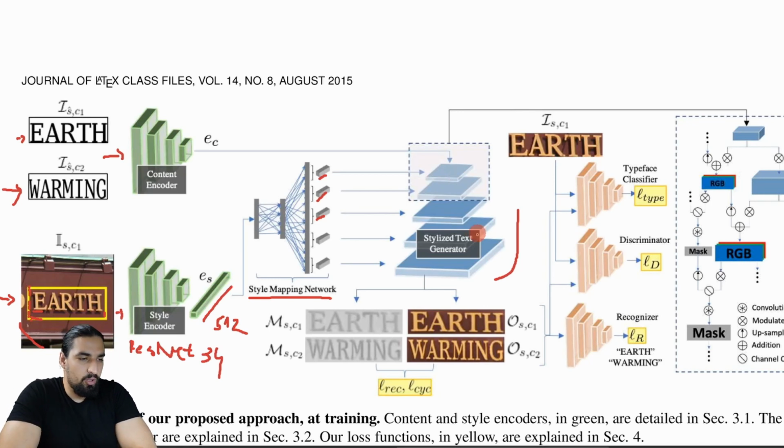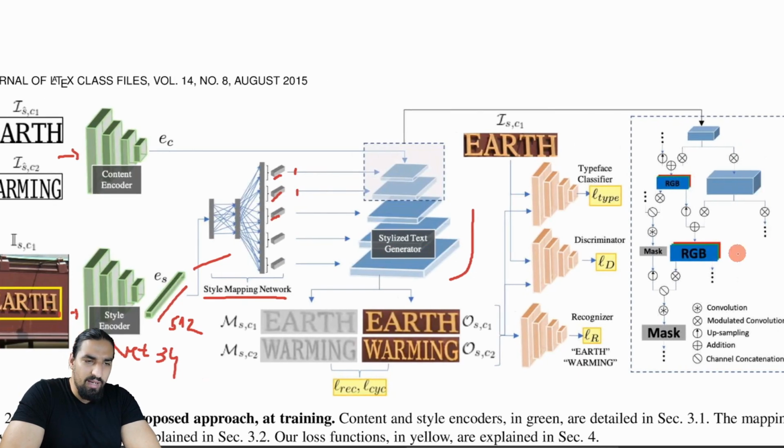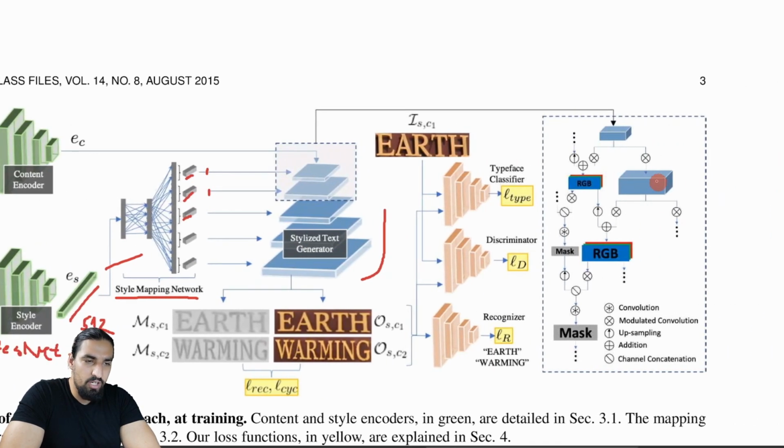Okay, so I'll later explain how that adaptive instance normalization works, but for now you just have some coefficients here, which we got by mapping from this style vector, and they use those to modify the feature maps.